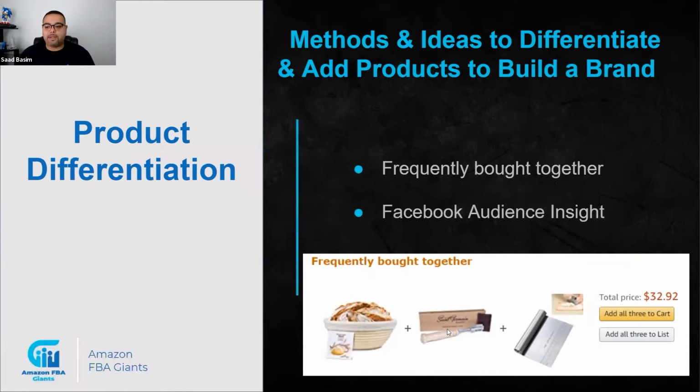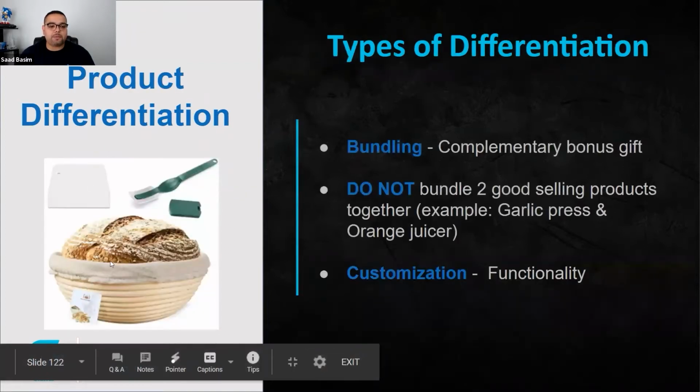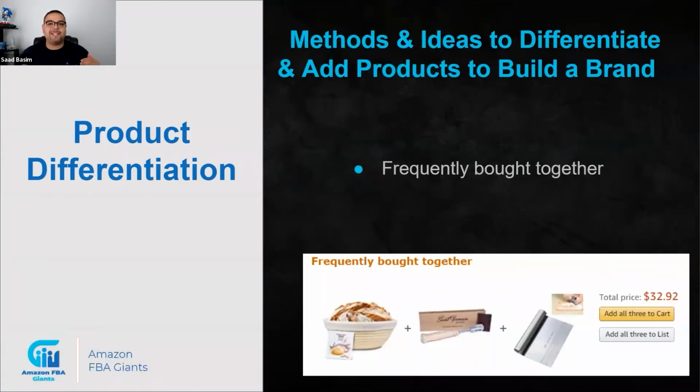So for example, the example that we just saw before, we have this product, the basket plus the two other things, and all of a sudden they actually were frequently bought together. When they're frequently bought together, he combined them together and sold them at a price. So he's selling convenience. If everybody buys the proofing basket, then they buy the lane, then they buy the chopper, whatever it is, it's a really good bundle. He made a good bundle that he's profiting from.